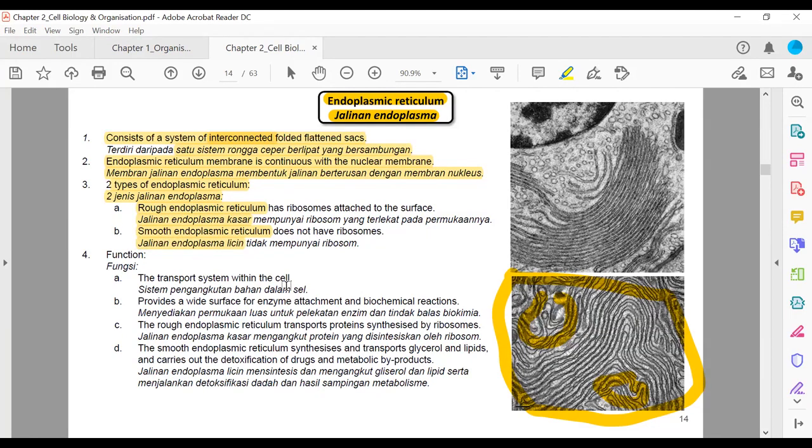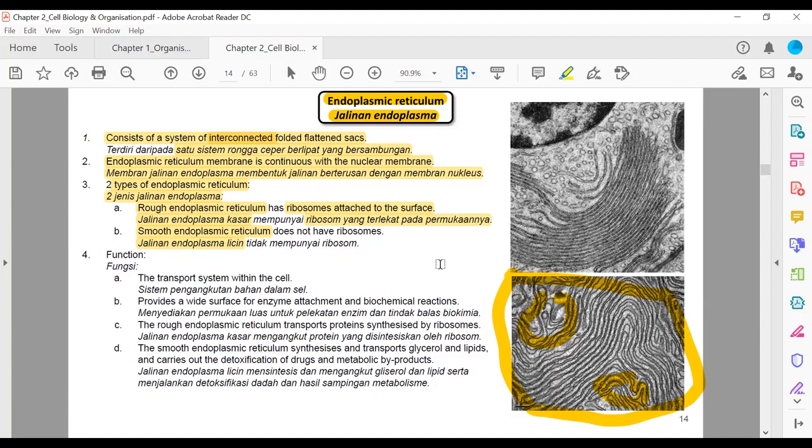Kenapa satu dipanggil kasar, rough, satu lagi dipanggil licin, smooth? Because rough endoplasmic reticulum has ribosomes attached to the surface. Jalinan endoplasma kasar mempunyai ribosom yang terlekat pada permukaannya, sebab tu dia kasar. So nampak kasar because di atas membran dia ribosom melekat.